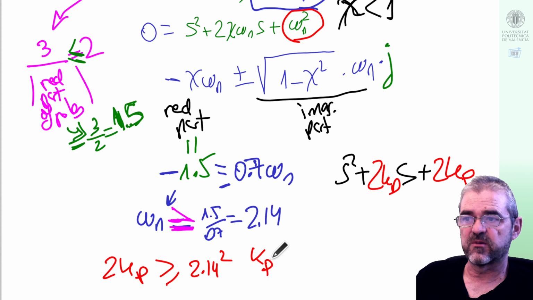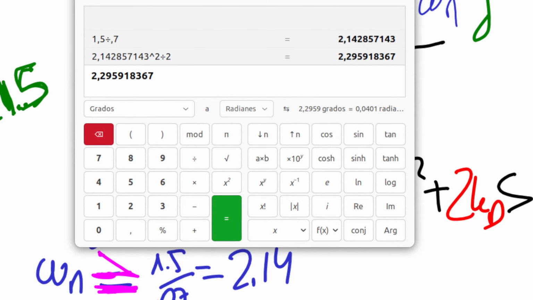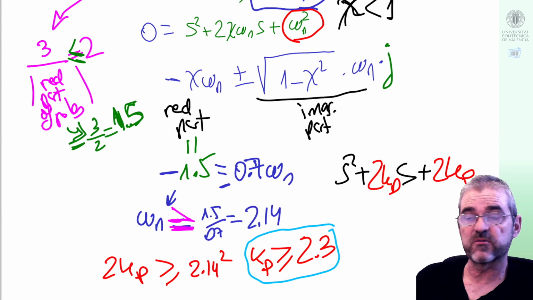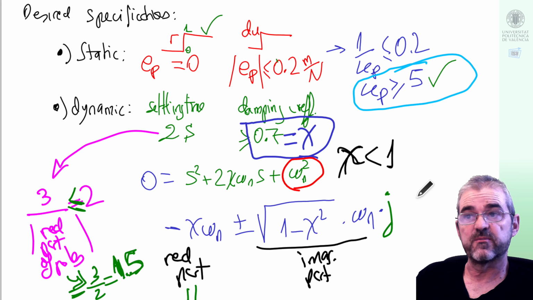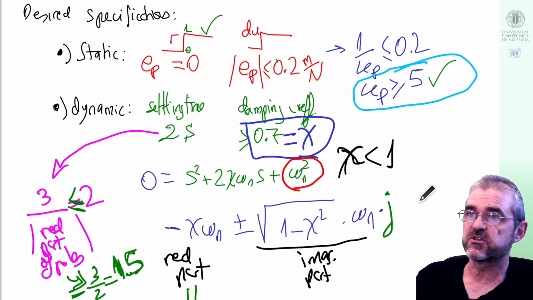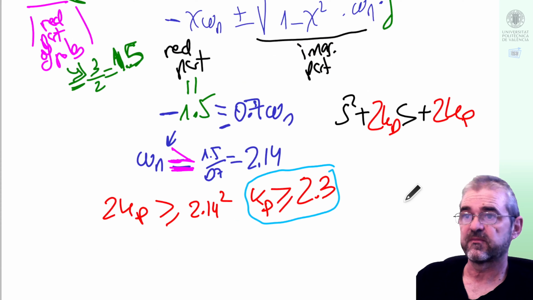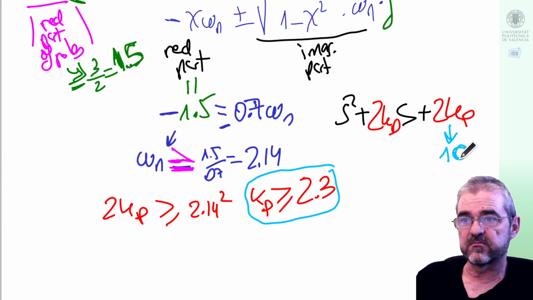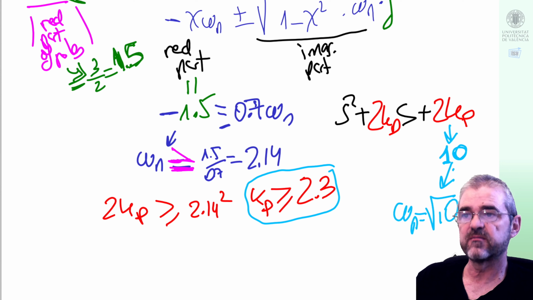So kp must be larger than 2.29. This is required from settling time considerations, but from position error consideration, we required kp greater than 5. So we will set kp equal to 5. Then 2kp will be 10, so we'll settle for omega n equal to square root of 10.